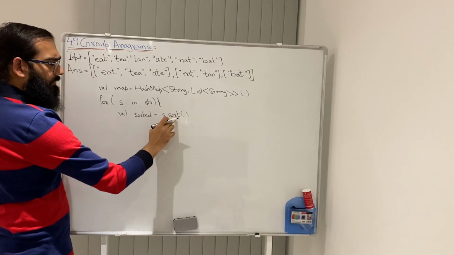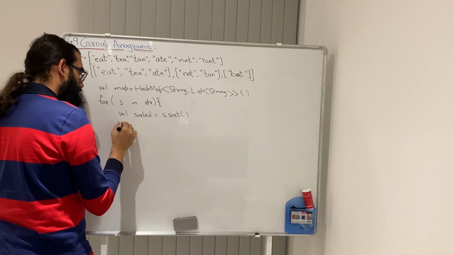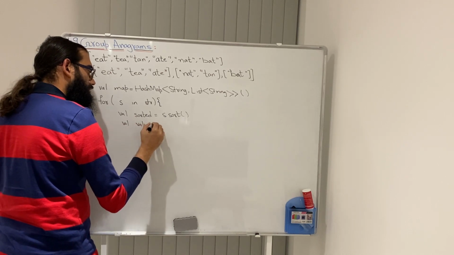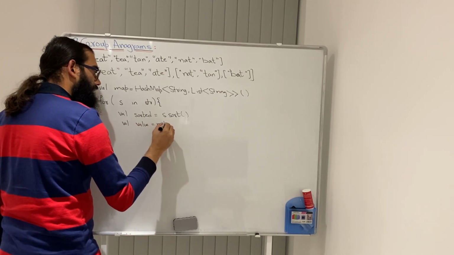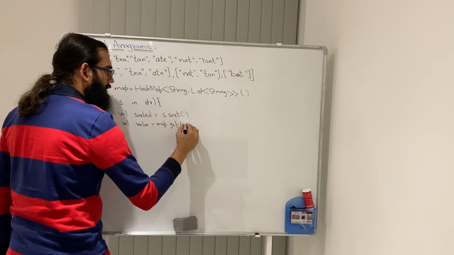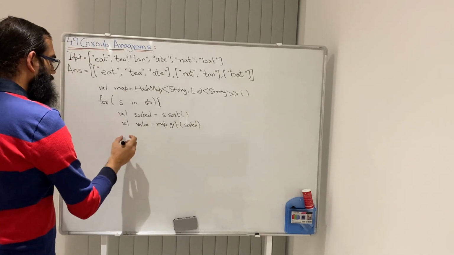Again, sorry if I'm using the wrong method name. And then after that I need to check the value, which I'm getting from map dot get against this key, sorted. Now it's pretty simple.